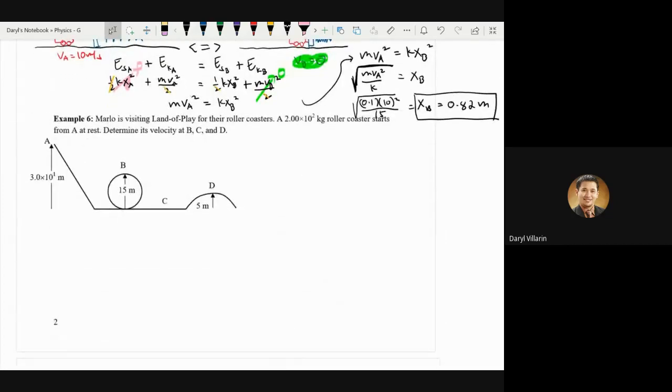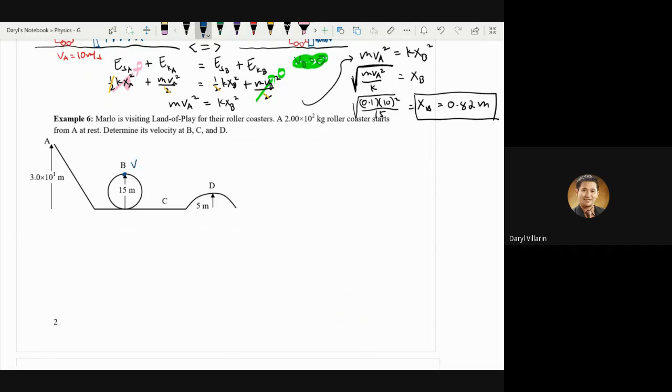So Mara is visiting Land of Play for the roller coasters. A 2 times 10 to the power of 2 kilogram roller coaster starts from rest. Determine its velocity at B, C, and D. So we're trying to solve for the velocity.